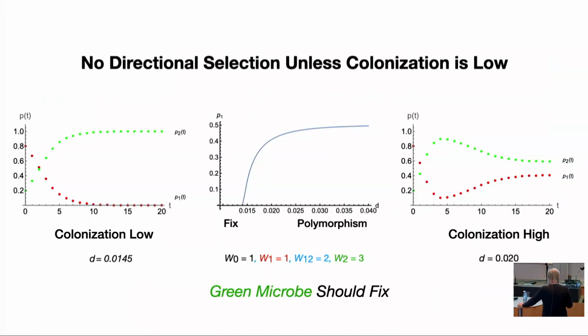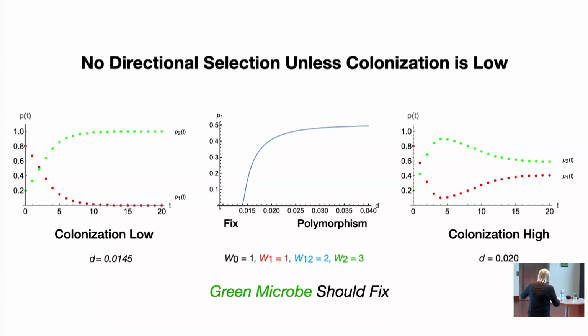And here's a summary of that. Right here. So if the fitnesses are in this order, where the fitness of the holobiont is 1 if there's no algae in it, is also 1 if there's a red algae, is 2 if there are both types of algae, and is 3 if there's the green algae in it.